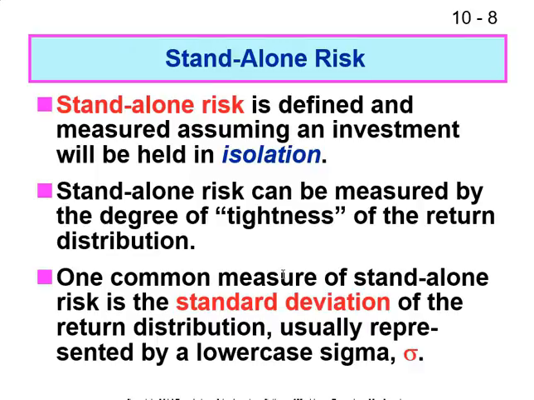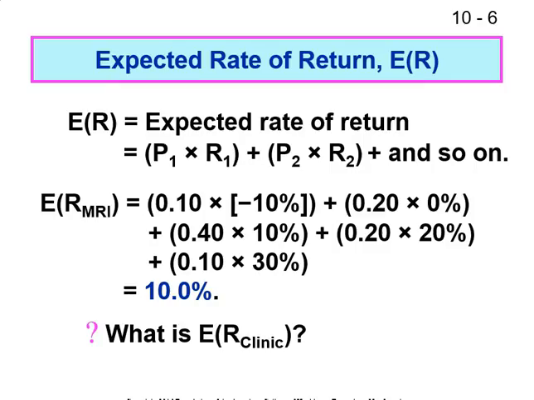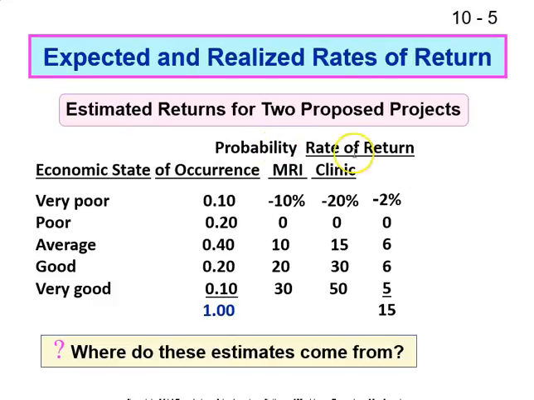And what that means, let's go back and look real quickly at our expected returns from our distribution table that we have here. So really looking at the tightness of these returns based off of the expected return that we had. So let's say in this case, when we calculated the clinic, we expected a 15% return.